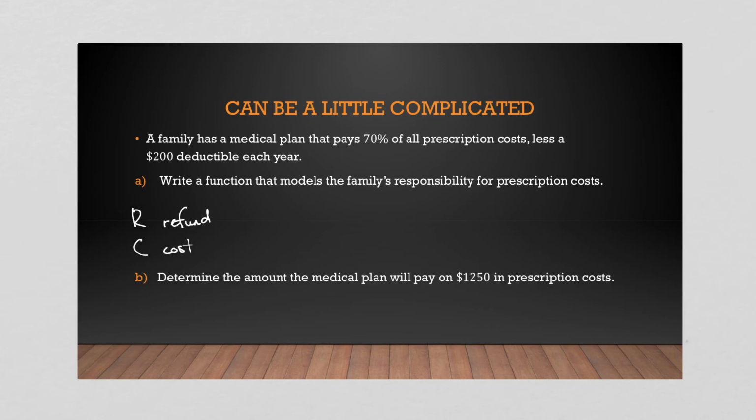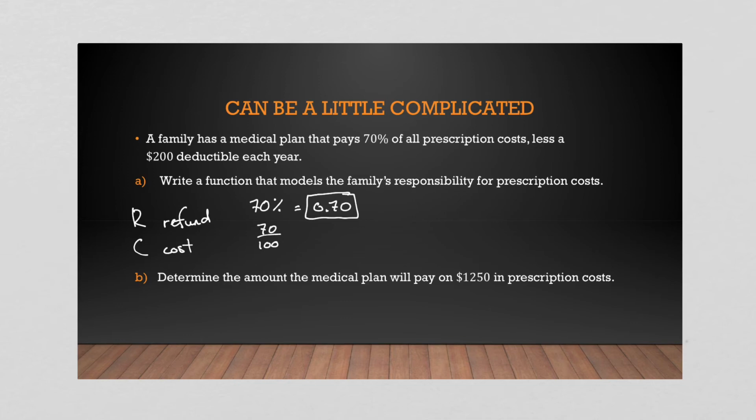So let's figure out what this is going to look like, right? Because they get a discount on their cost. So if we think about it, the plan is 70%, which is a slope, which is 0.70, which is 70 over 100. So there's our slope right there. And then when the cost is $0, they still have to pay a $200 deductible.